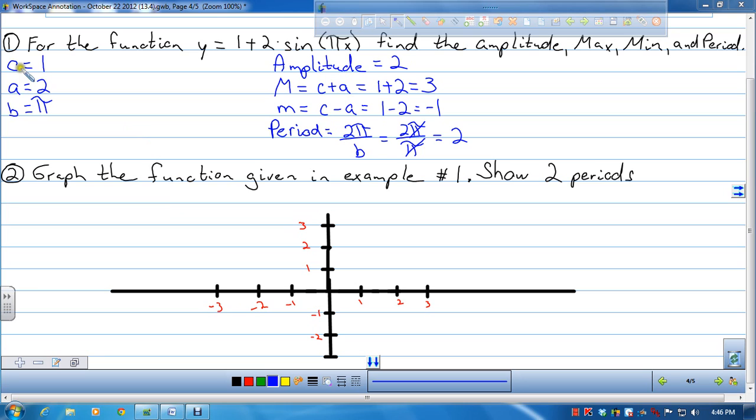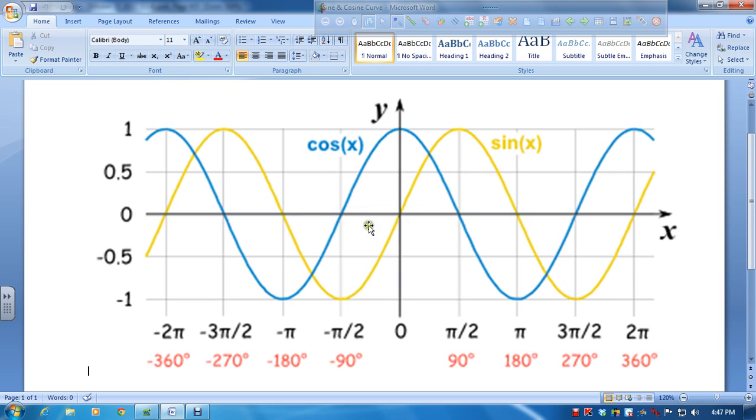The first thing I want to realize is that C means I have a vertical shift of 1 of the regular sine curve. So the regular sine curve, the middle is the x-axis, right? So if I have a vertical shift of 1, that means all of these middle points shift. Take a look here, see the sine curve?